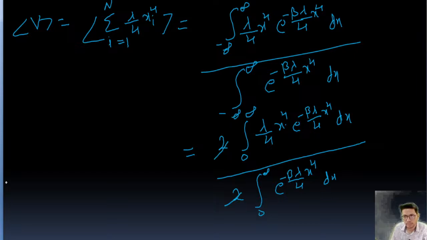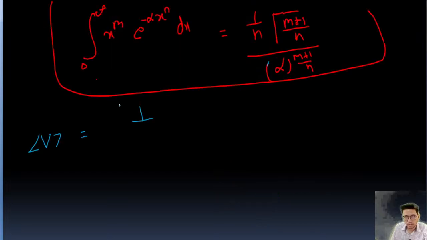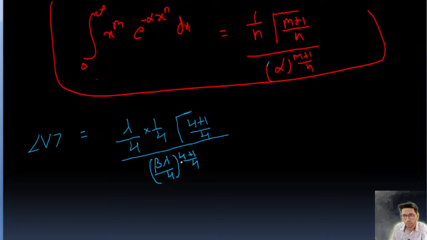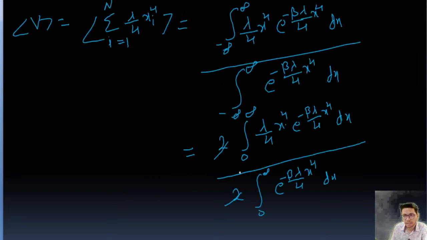So lambda by 4, this is going to be lambda by 4, right? Upon, again this is also the same, guys. Same formula we are going to use here. Here there is no x to the power, right? So we can consider x to the power 0, because x to the power 0 is 1.